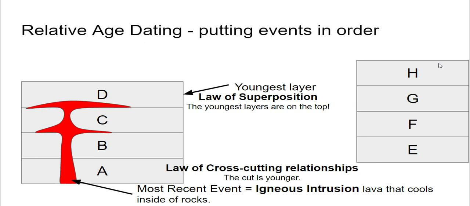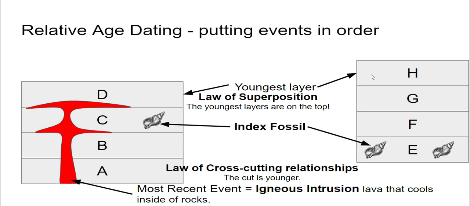Here's another layer of rocks. The youngest layer of rocks here is H, but aside from that, we can say that that's the youngest here and that's the youngest there, but we can't compare between the two locations without more information. That information is provided by fossils. The fossils that are going to provide the best information are index fossils. Index fossils are the fossils that occur for a short period of time in a lot of places.